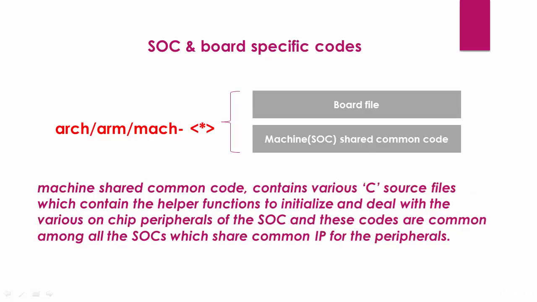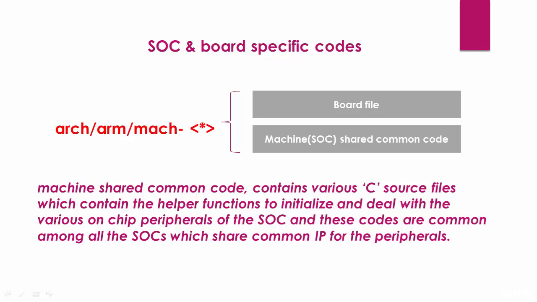And the machine shared common code contains various C source files which contain the helper functions to initialize and deal with the various on-chip peripherals of the SoC, and the codes are common among all the SoCs which share common IP for the peripherals.